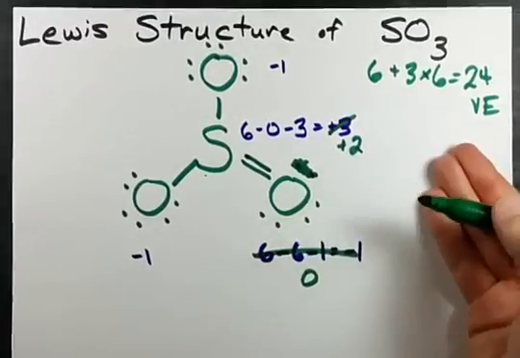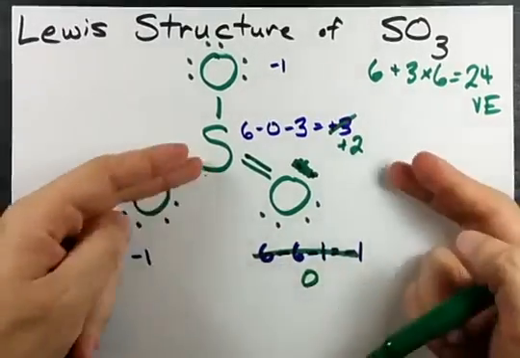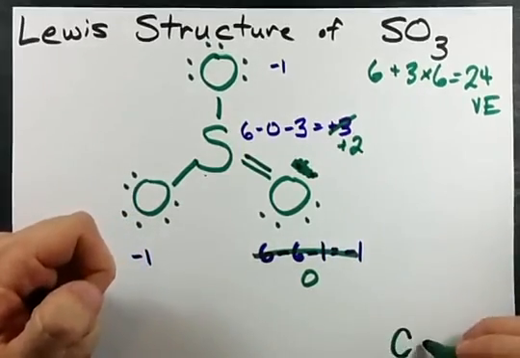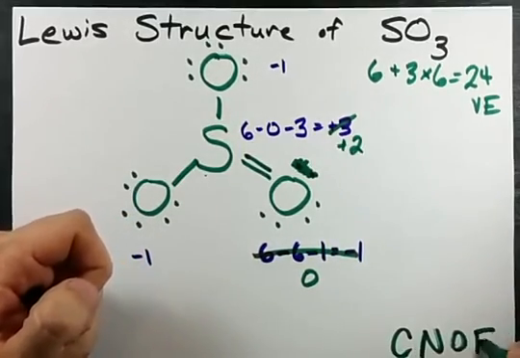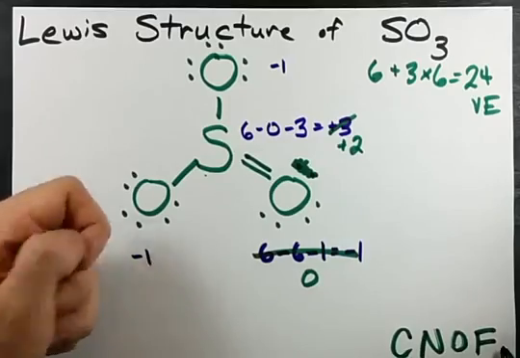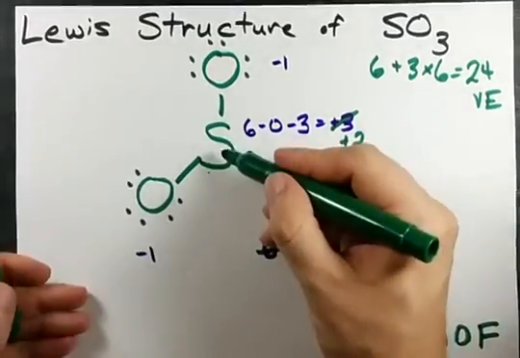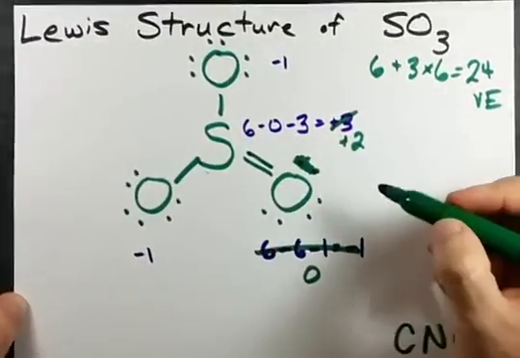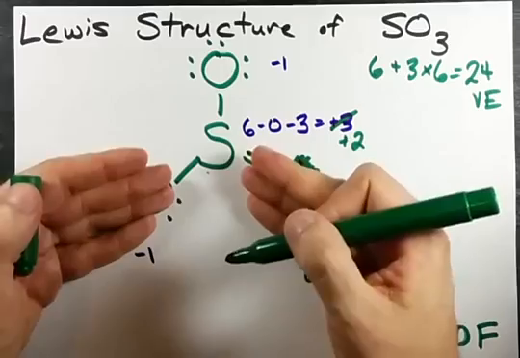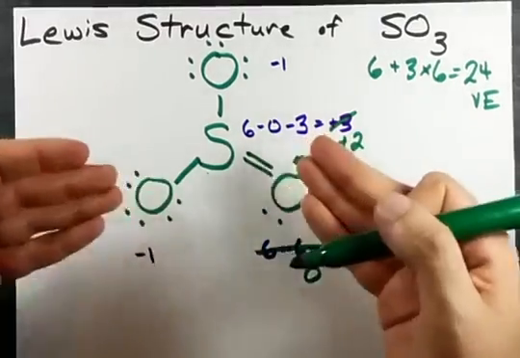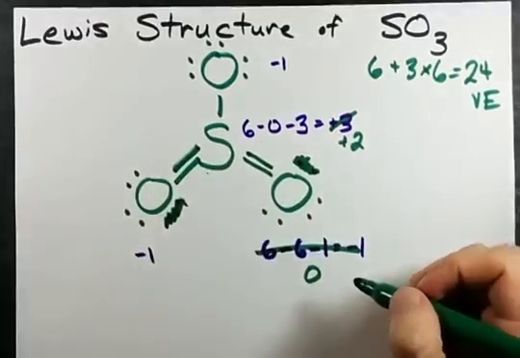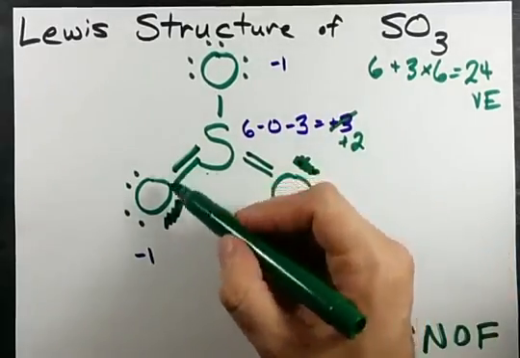Now here's the part that always trips kids out, because we talk a lot about the octet rule. But really, the octet rule only applies 100% of the time to carbon, nitrogen, oxygen, and fluorine. Sulfur is an exception. Sulfur can handle 12 electrons per atom. So you shouldn't feel afraid to move 2 more electrons into a different bond.